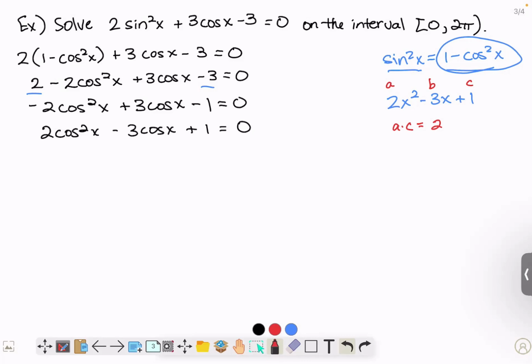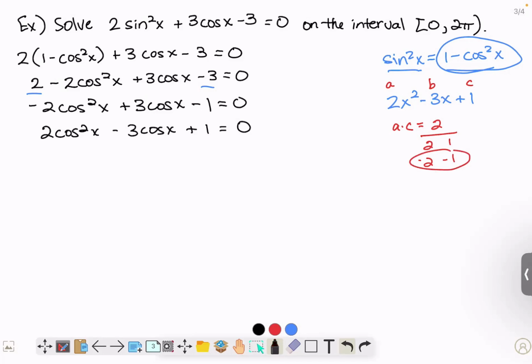So they could both be positive, or they could both be negative. And since I want them to add up to negative 3, they gotta be negative. So I'm going to write out all the ways that I can get 2. So I can multiply 2 times 1, which is the same as 1 times 2, or negative 2 times negative 1. Okay. Take a moment to convince yourself that both of these multiply to give me positive 2.